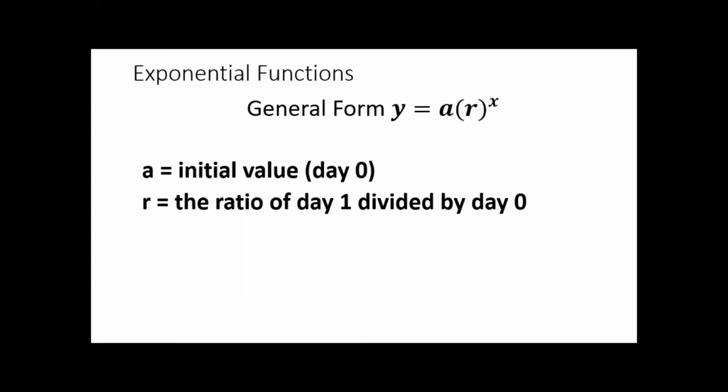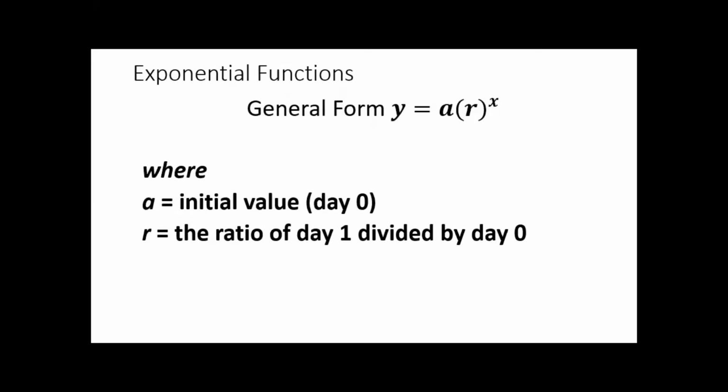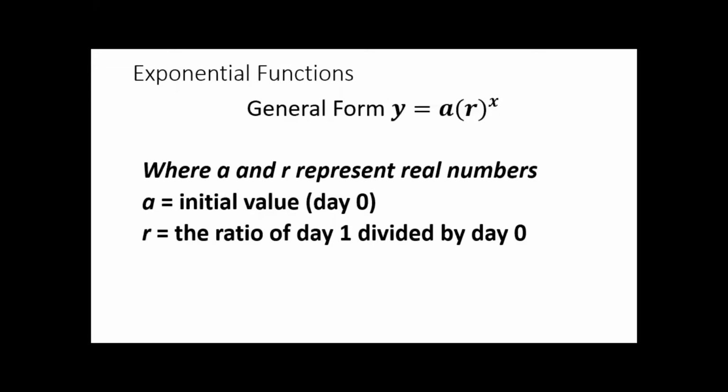That's just an easy way of saying how you find A and how you find R, where A and R represent real numbers. So that is how you break down creating this exponential function.